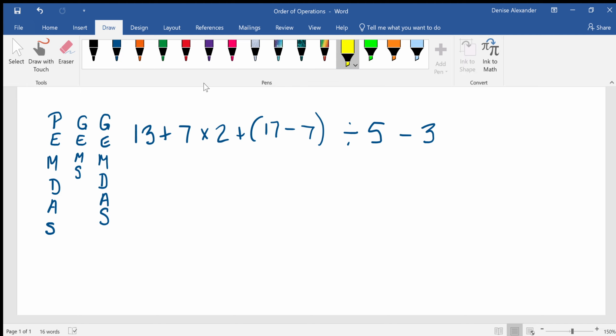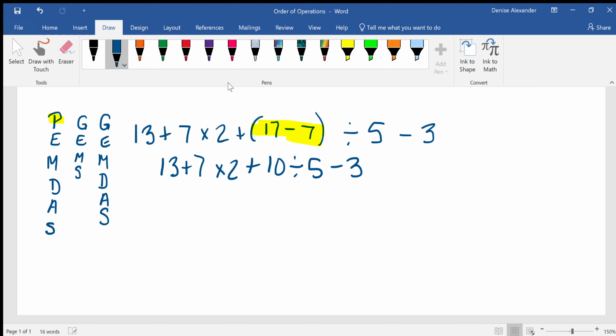And remember, the first step is parentheses or groupings. So now I'm going to take my numbers and I'm going to just rewrite them. I have 13 plus 7 times 2 plus, what's 17 minus 7, you guys? You're right, 10 divided by 5 minus 3.